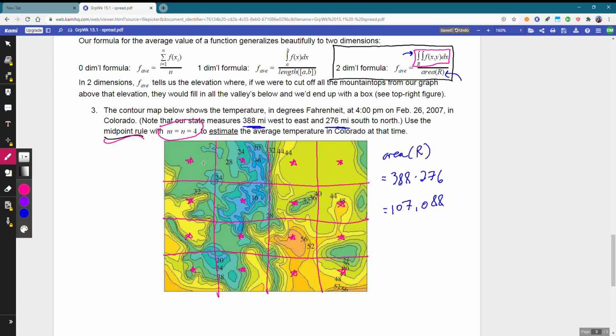And so here, from our contour plot, we can get an estimate as to the values of our function, the temperature, at each of these points. Here we're just kind of doing our best estimating with the information available to us. And these will be giving us our function values that we'll use as part of our formula.